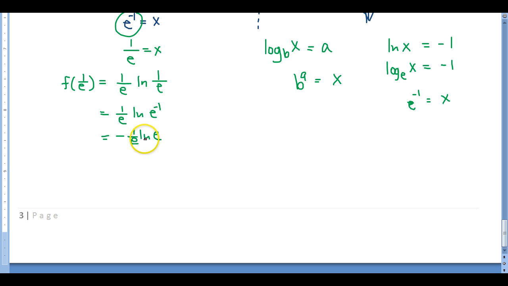Then ln of e is equal to 1, so I'm just going to get -1 over e. So the answer, the minimum value of f, is -1 over e, and it happens at x equals 1 over e.